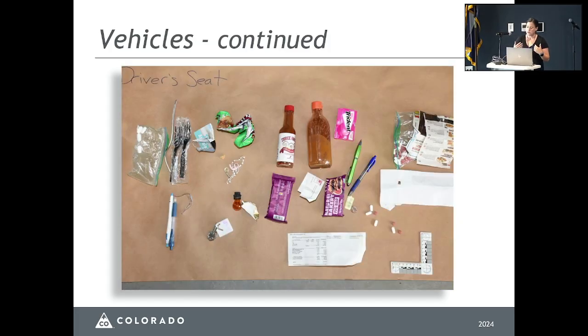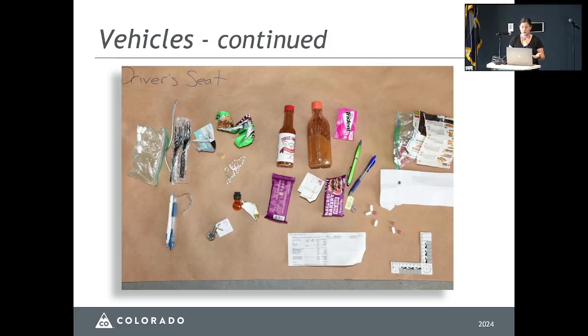So then after, if I need to start going through the bedrooms or the cabinets or something like that, I will lay out a piece of butcher paper and spread out everything that I'm finding in that particular area and designate it. As you can see here in this photograph, driver's seat, this is everything from the driver's seat.